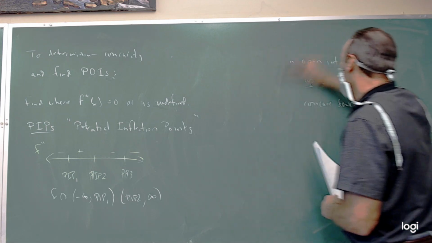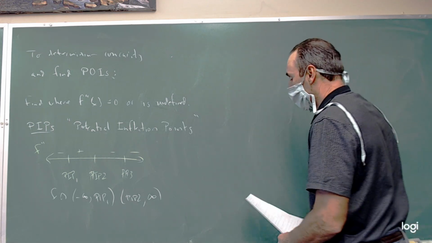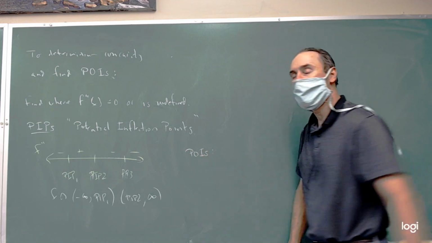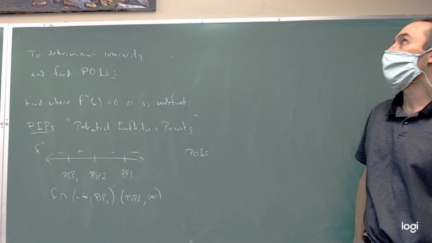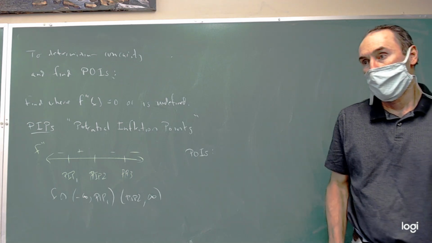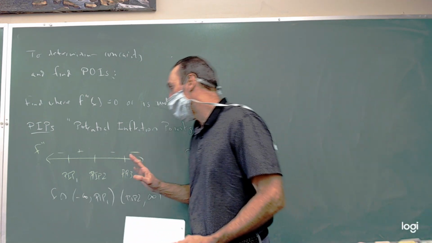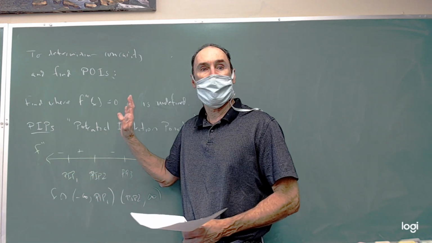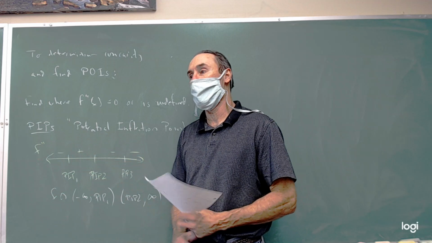We will have inflection points. So POIs will have inflection points. These must also be given as ordered pairs. And here, we don't really care whether it goes from negative, positive, positive, negative. If the second derivative changes sign, that makes it an inflection point.